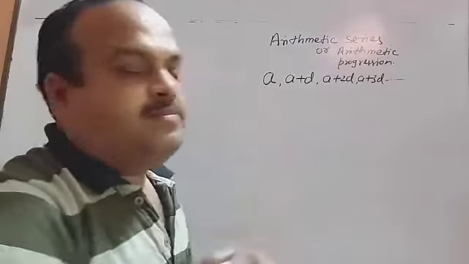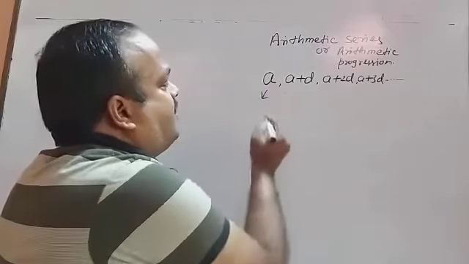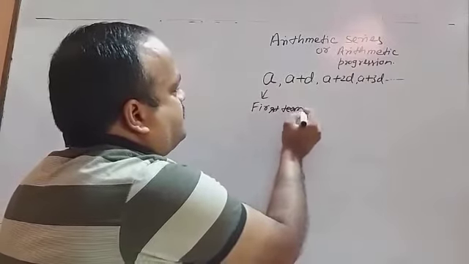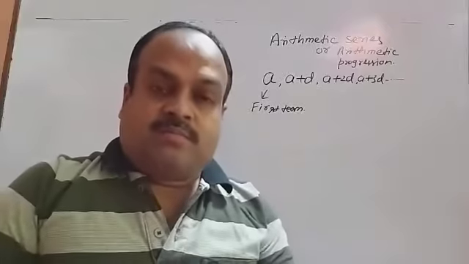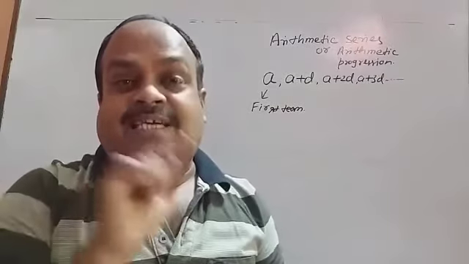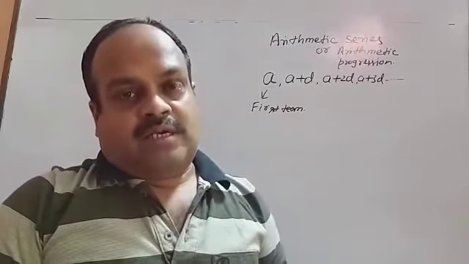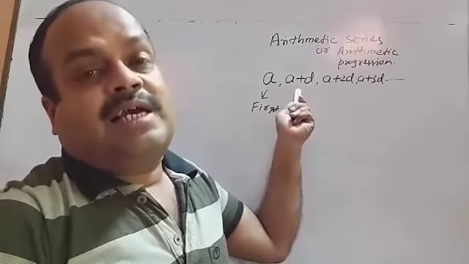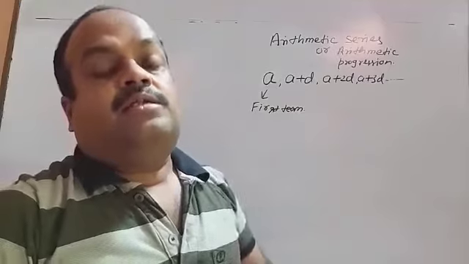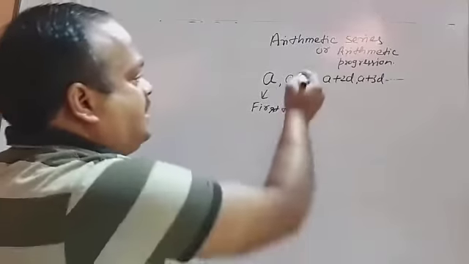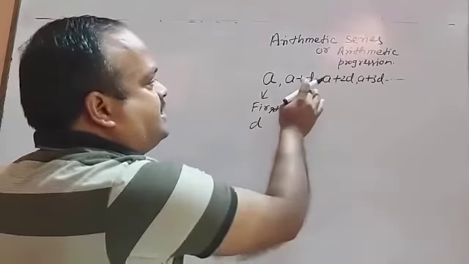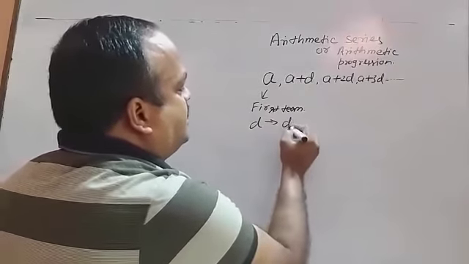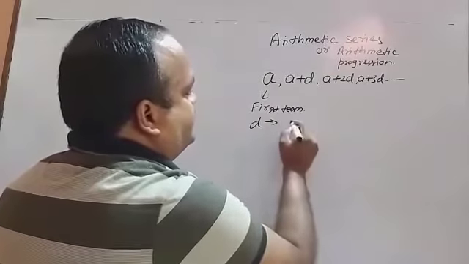Here a is the symbol for the first term, and this first term is denoted by the symbol T1 also, my dear students. Similarly, this a plus d is called the second term, and the symbol for this is T2. This difference, this d, denotes the common difference.